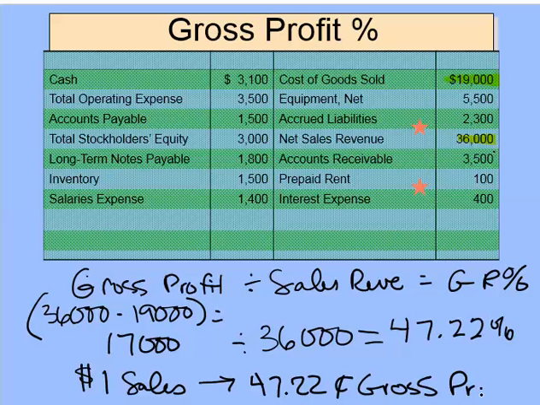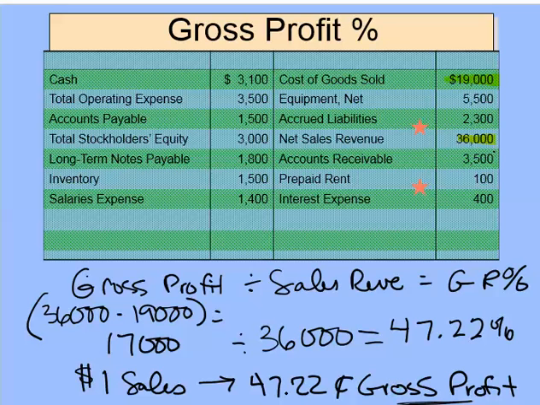So if you're a small business owner, this means that for every dollar you sell to the customer, you get 47.22 cents to pay all of your other expenses. That's what this gross profit gives us. It's not money we get to put in our pocket and take home at night, but it's money that we get to use towards paying our utilities, paying our rent, paying our salaries, paying for our inventory, paying all of our bills, and ultimately at the end paying ourselves as well.